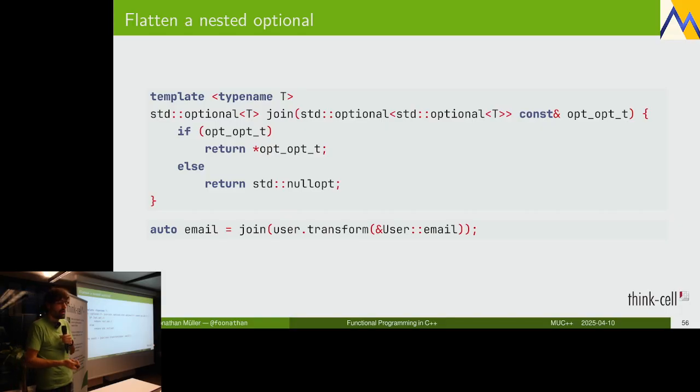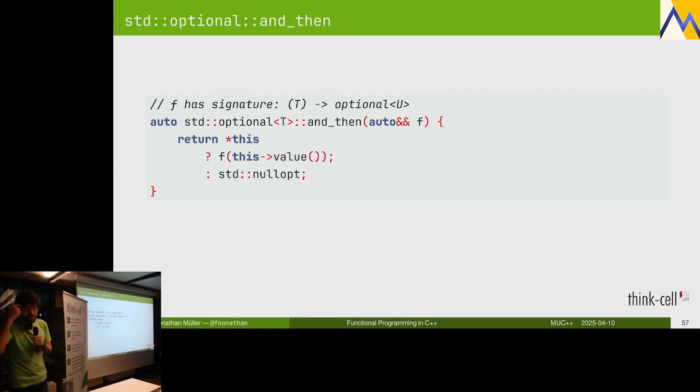And the way to do that is to not call transform, it's to call and then. And then is very similar to transform, except where transform assumed that the function takes a t and returns a u, and then takes a t and returns an optional u. And this means that and then doesn't need to wrap the result of the function back into an optional.